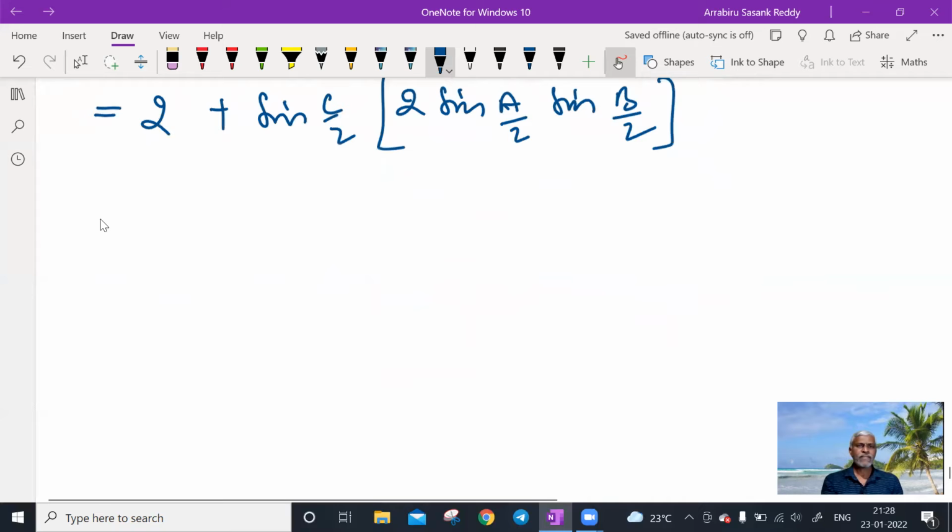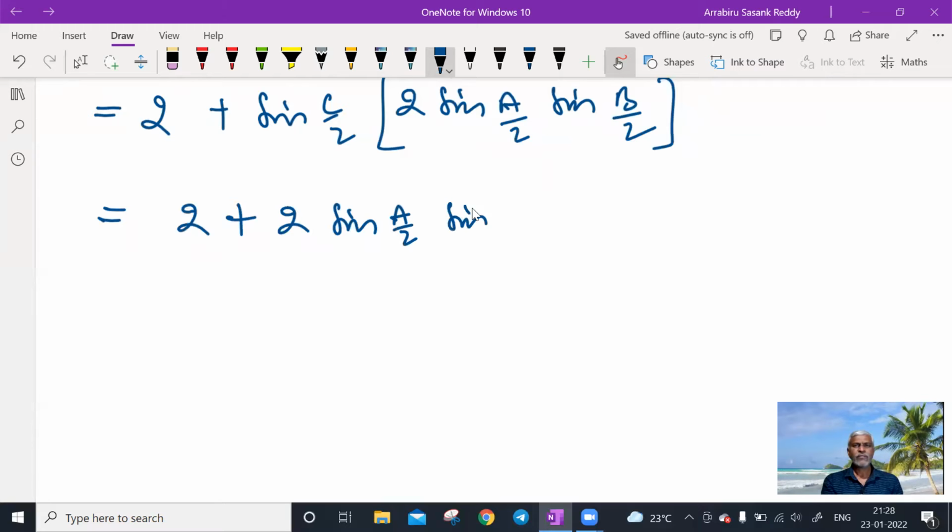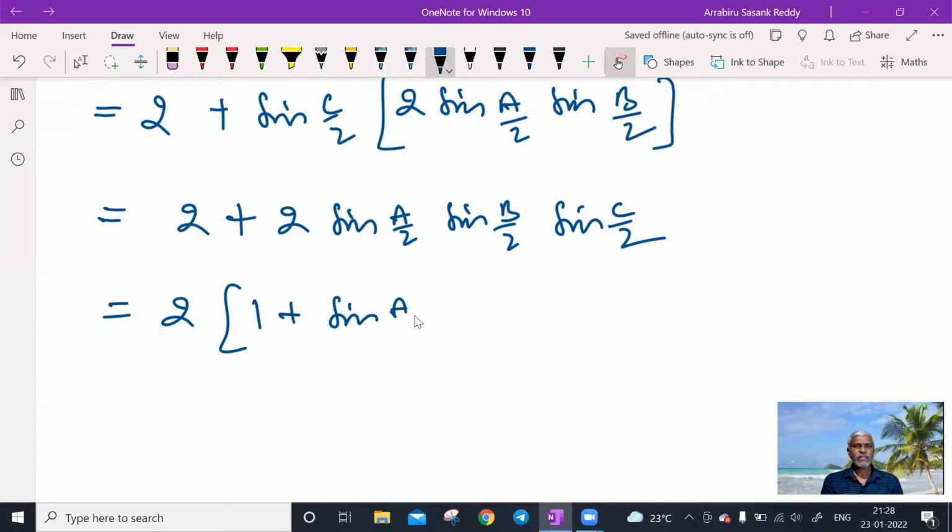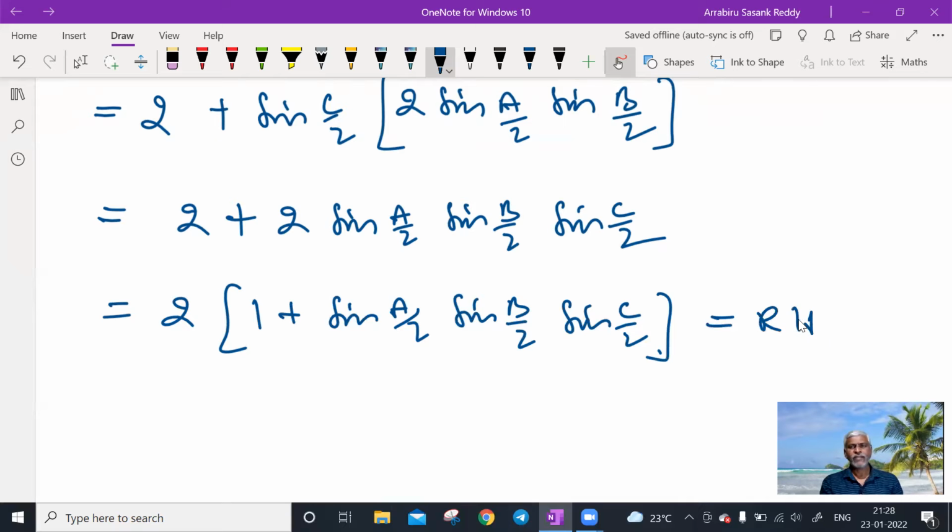Now this is equal to 2 plus 2 sin a by 2 sin b by 2 sin c by 2. Taking 2 common, this is 1 plus sin a by 2 sin b by 2 sin c by 2. So this is the required answer. Therefore, left side is equal to right side, hence it is proved.